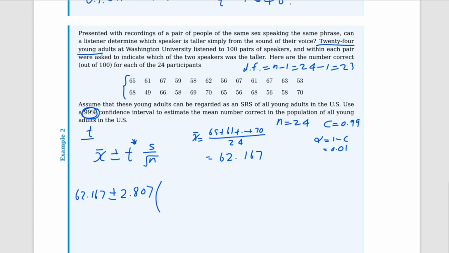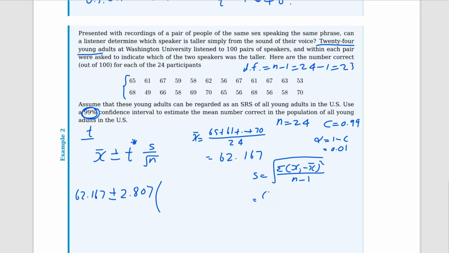How do we find the S? As I mentioned at the beginning of this chapter, the S is the square root of the summation of (xi minus x bar) to the power 2 divided by n minus 1. This is actually chapter 2, right? Using this equation, you can find the S. I just show you a couple of data here.